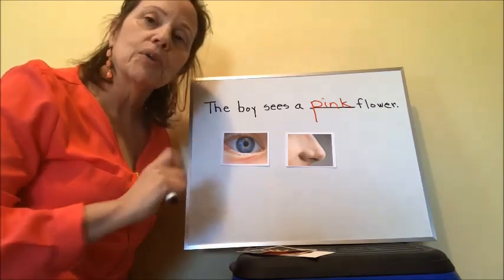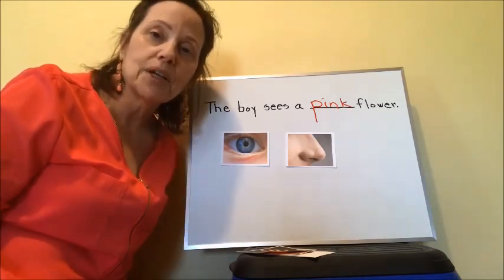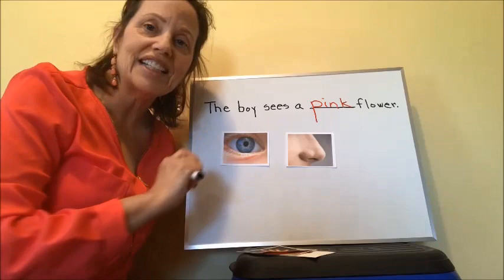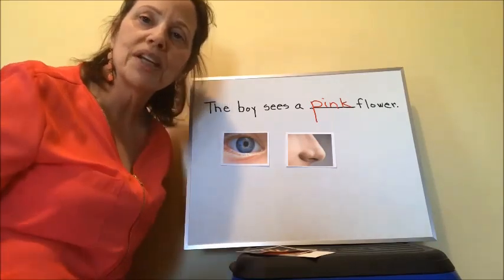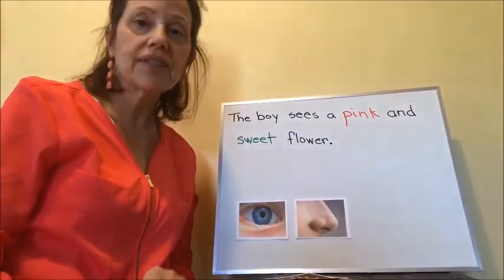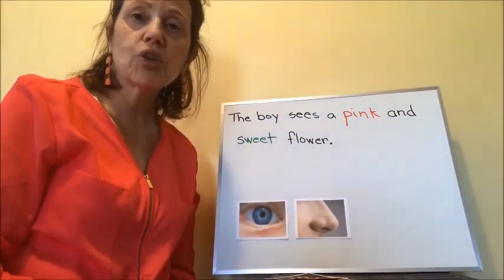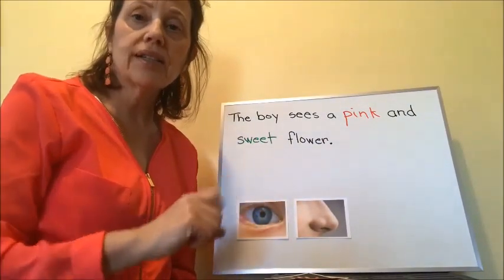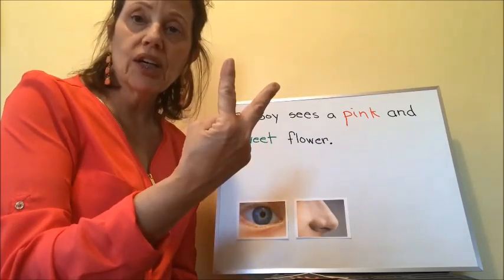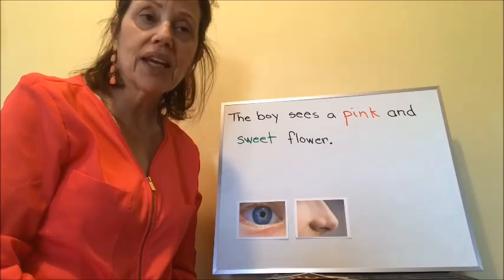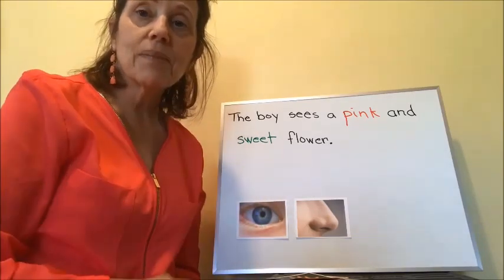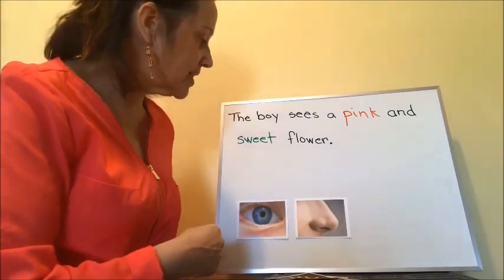And we're authors. We want to give more information to the readers. So I'm going to write the sentence and I'm going to put the word and in it and the word sweet. Okay, here we have a sentence with 2 describing words. One describes how something looks, the sense of sight, and one word describes how something smells.